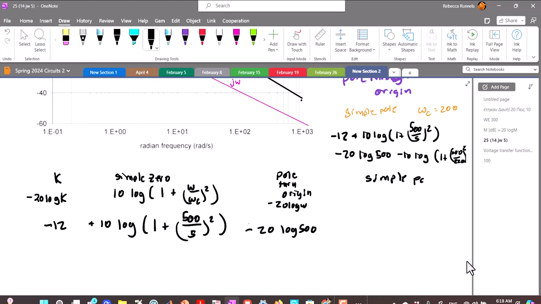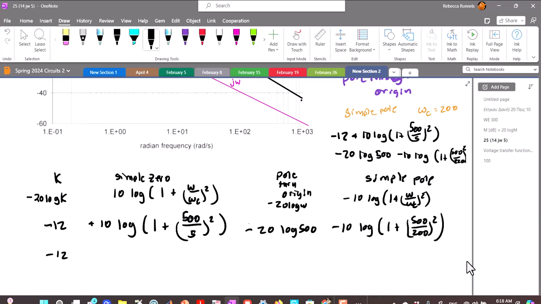A simple pole is minus 10 log of 1 plus omega over omega c squared. So that's minus 10 log of 1 plus 500 over 200 squared.